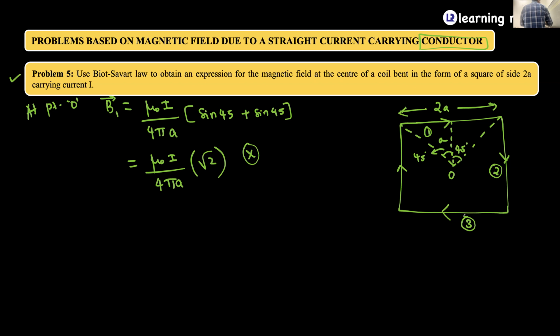Due to the fourth conductor, again it is into the plane. So all the magnetic fields due to each conductor which is making this coil are into the plane. So B1 will be equal to, the same will be the value for B2 vector, B3 vector and B4 vector.